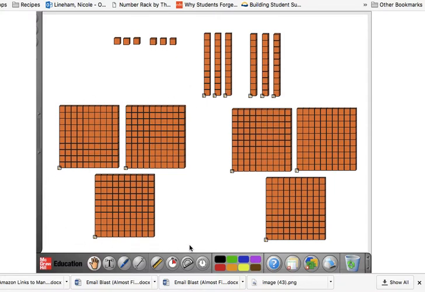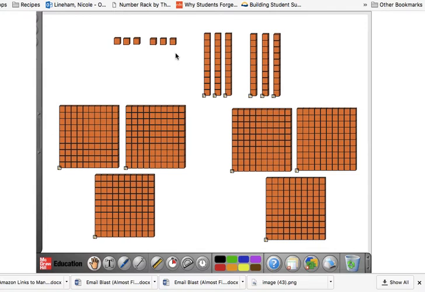Now we can look at 2 groups of 300 and see here that we still have 6 blocks, but these blocks have a place value of 100 each. So the total value here is now 600. So we still have 6 blocks no matter whether we're doing groups of hundreds, tens, or ones. The difference is in the size of the blocks or their place value.